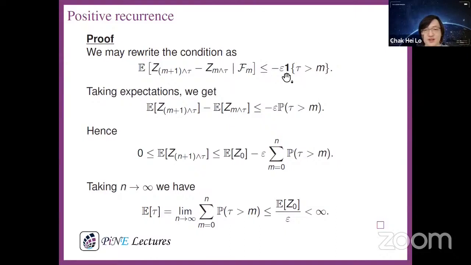And if it's the other side, then we just get 0 on both sides. The reason why we want to do that is we want to get the probability here. The method that we are doing here is very similar to what we have just done in theorem 3. So we take the expectation here, so the conditioning is gone, and separate the expectation, and the indicator function becomes a probability.